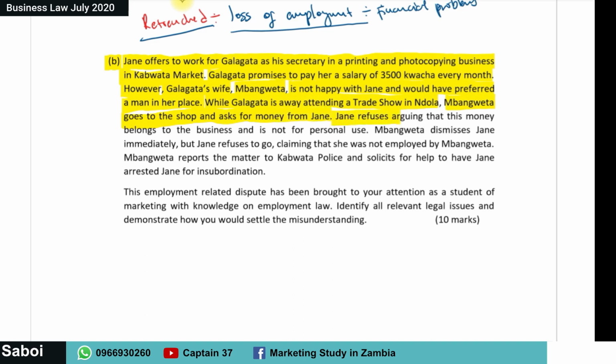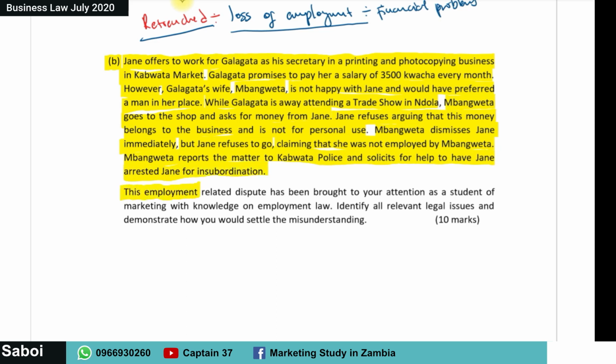Jen refuses, arguing that this money belongs to the business and is not for personal use. Mbangweta dismisses Jen immediately, but Jen refuses to go, claiming she was not employed by Mbangweta. Mbangweta reports the matter to Kawata police and solicits for help to have Jen arrested for insubordination.